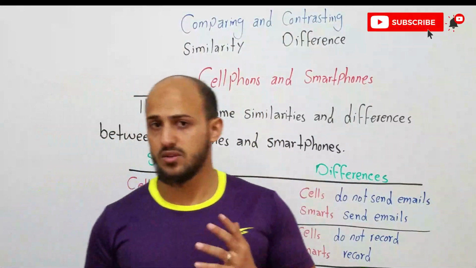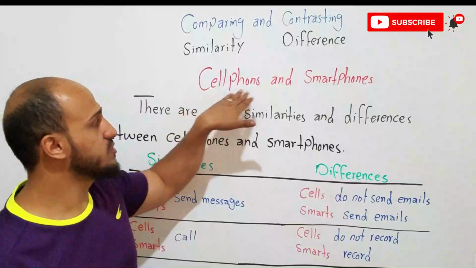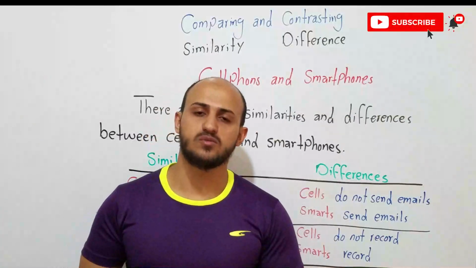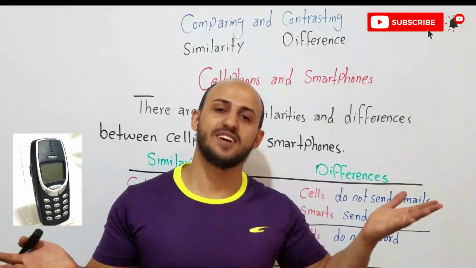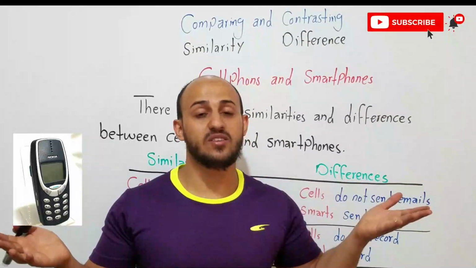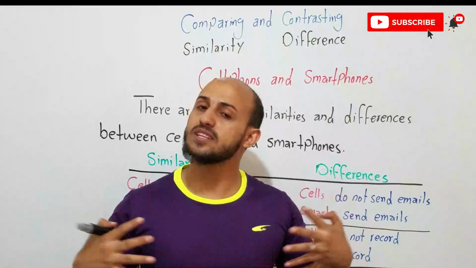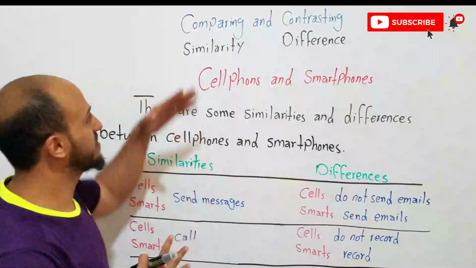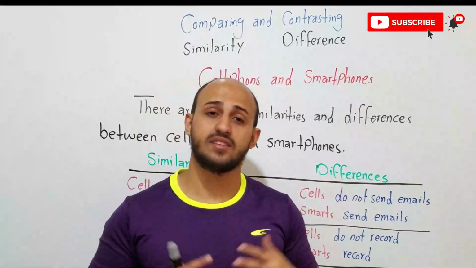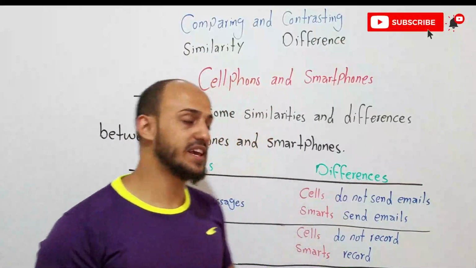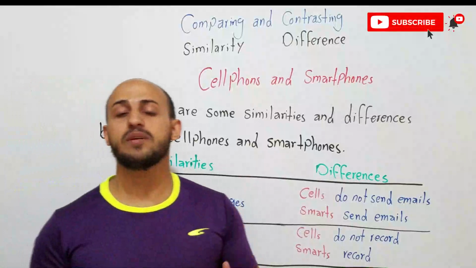For example, we talk about cell phones and smartphones. This is a cell phone. This is a smartphone. There are some differences and there are somewhat similarities. And this is the comparing and contrasting. So this is your title or topic, and this is your topic sentence.